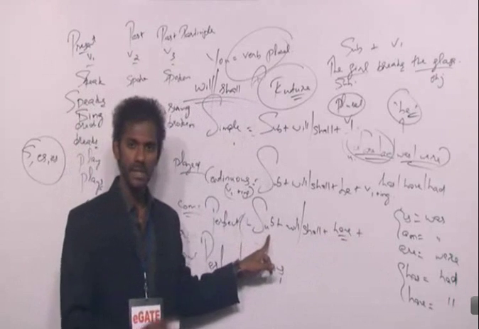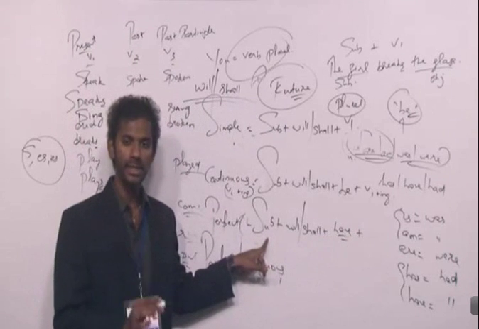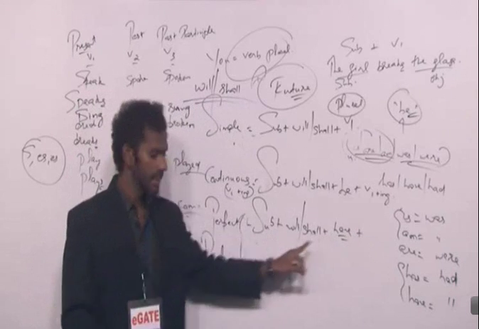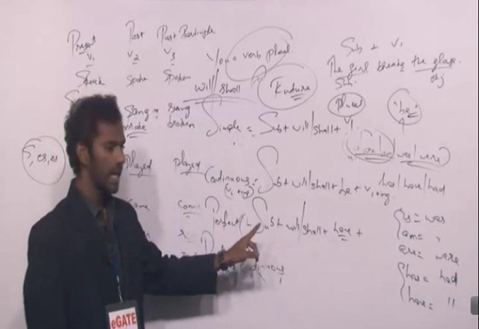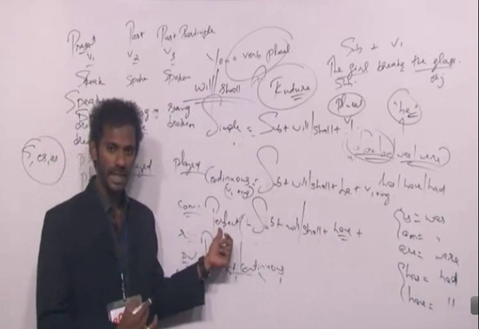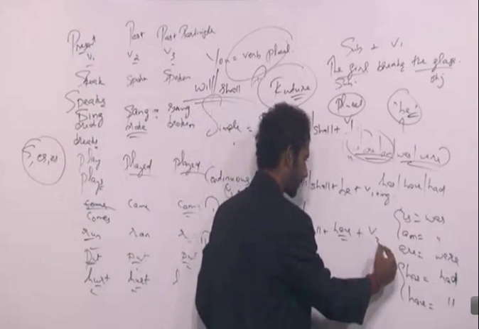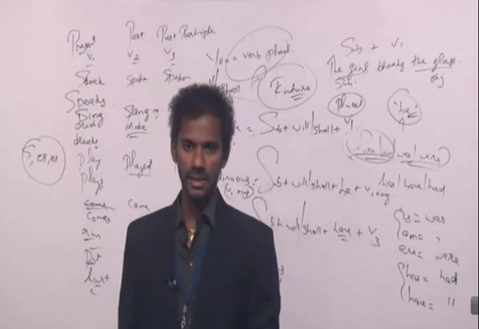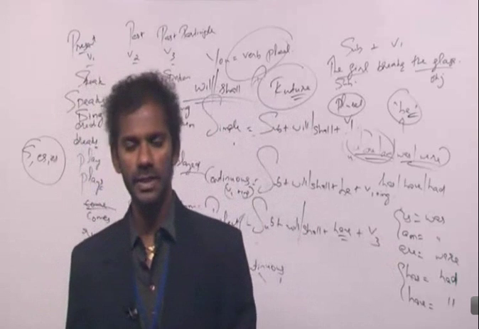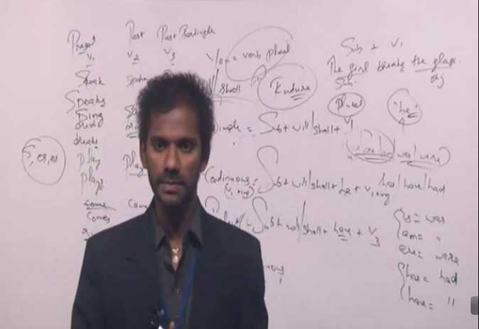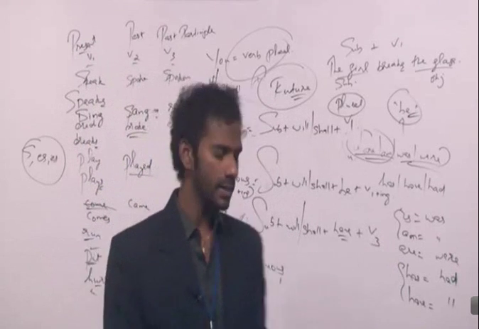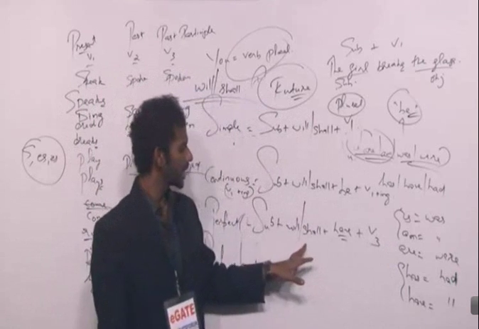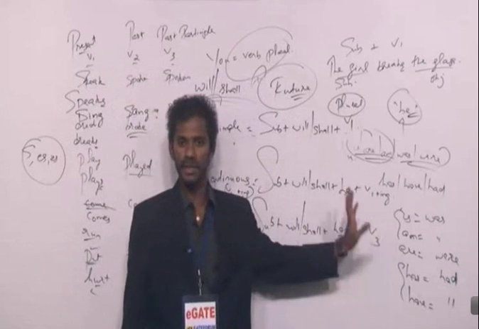No matter whether the subject is singular or plural, in future tense the verb must always be plural. Subject plus will or shall plus have plus perfect tense, so it must be V3. Because as I told you, in perfect tenses, present perfect, past perfect, future perfect, only V3 comes. Clear? So the rule of future perfect is subject plus will or shall plus have plus V3.